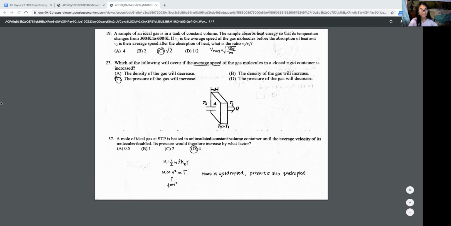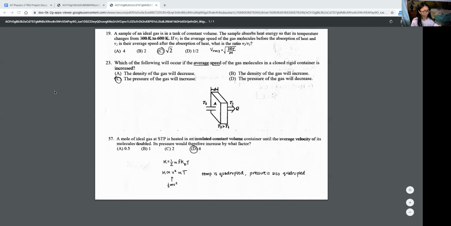Question 57. A mole of ideal gas at STP is heated in an insulated constant volume container until the average velocity of its molecules is doubled. Its pressure would therefore increase by what factor? The equation that I wrote down there is the equipartition theorem, and it's important to know that N, f, and k are all constants.